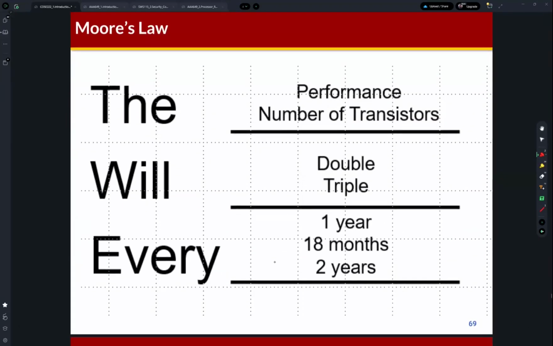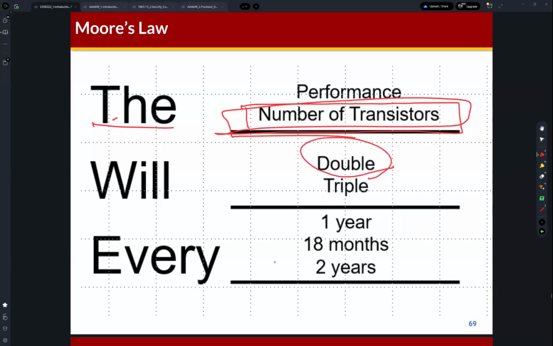Moore's law says the number of transistors, so you need to understand that: the number of transistors, not performance, will double every 2 years.